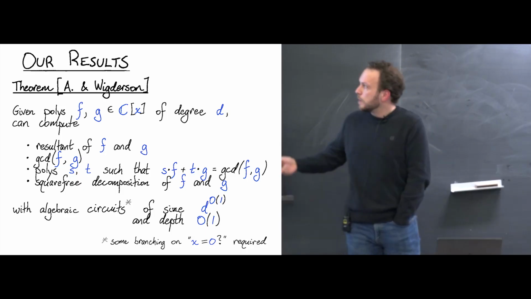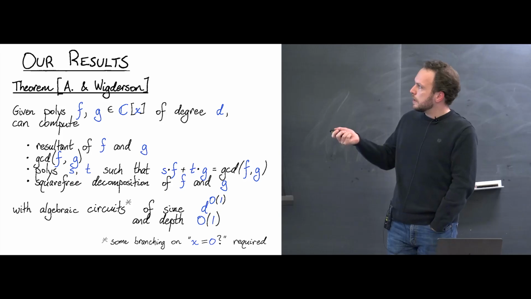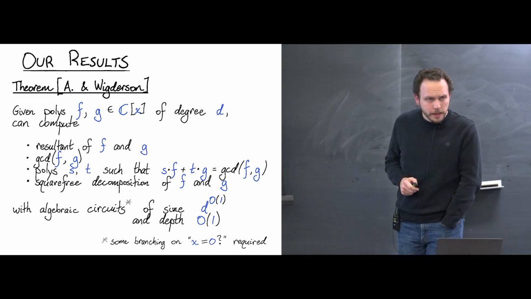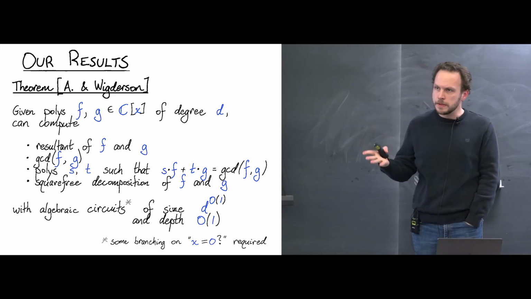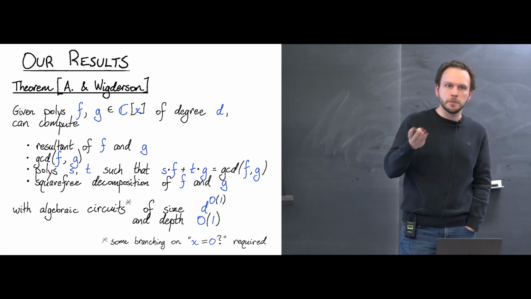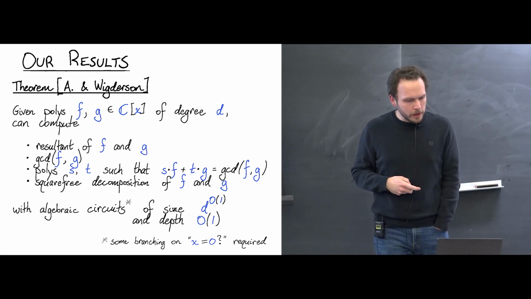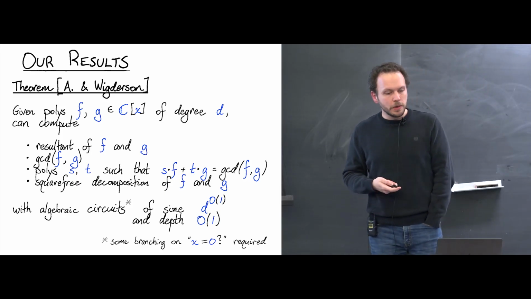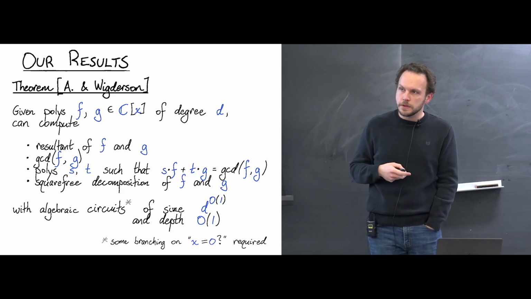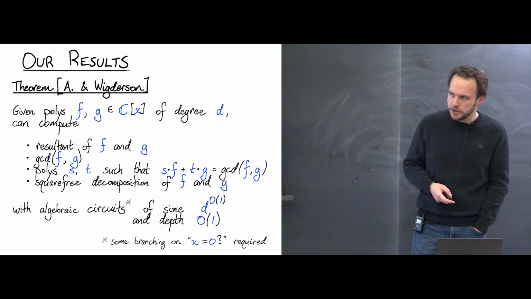So here we have two polynomials f and g of degree d, and let's say for simplicity they have complex coefficients. So what we can do is we can actually compute the resultant. This is this structured determinant from a few slides ago that tells you if the two polynomials are coprime. We can also compute the GCD. We can compute these two polynomials s and t that witness the GCD. These are sometimes called the Bézout coefficients of f and g.